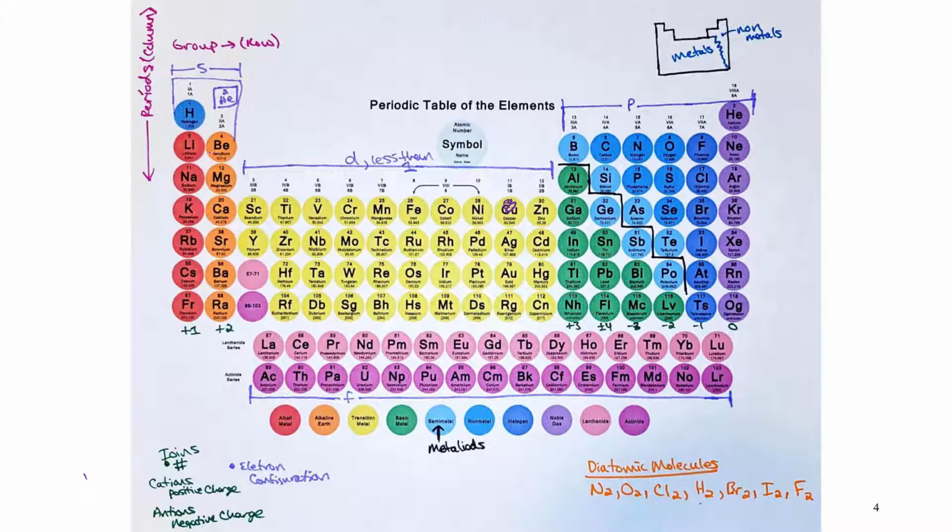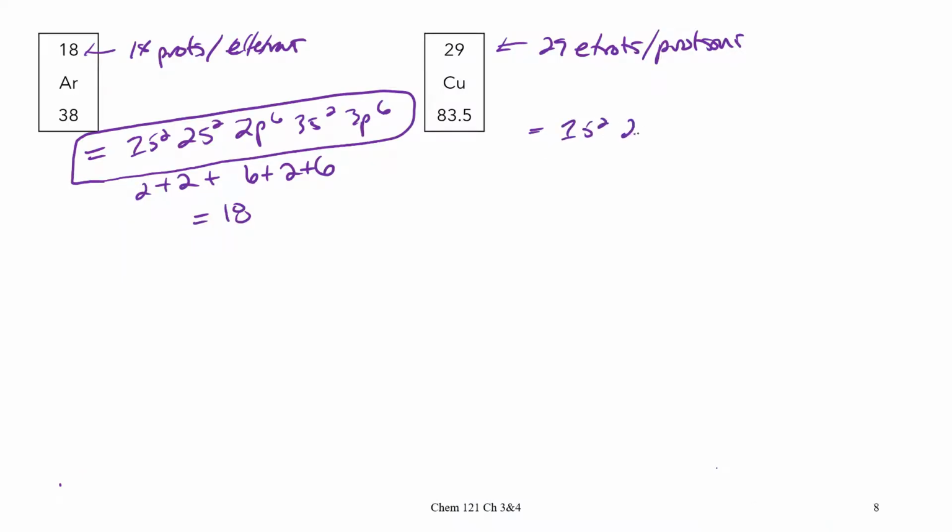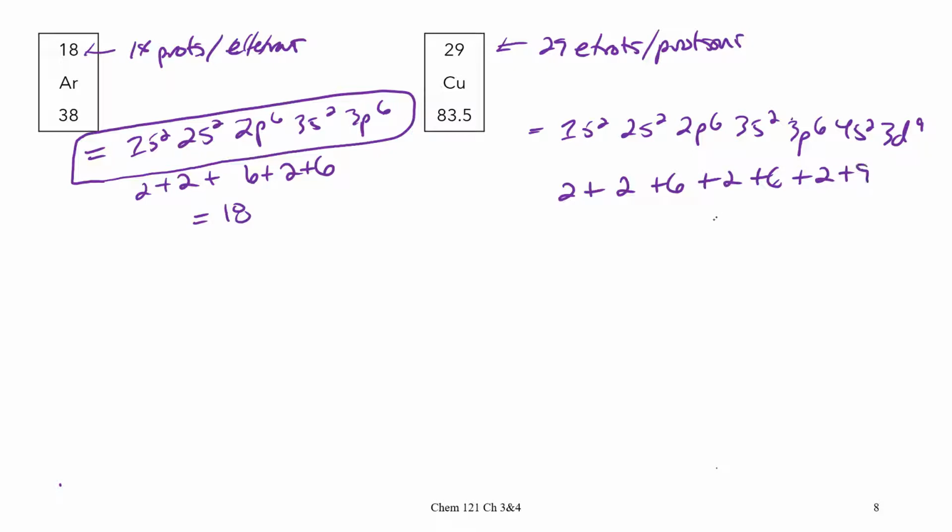So 1s2, 2s2, 2p6, 3s2, 3p6, 4s2, 3d9. If we add those exponents together, 2 plus 6 plus 2 plus 6 plus 2 plus 9, it will equal 29, the atomic number we found.